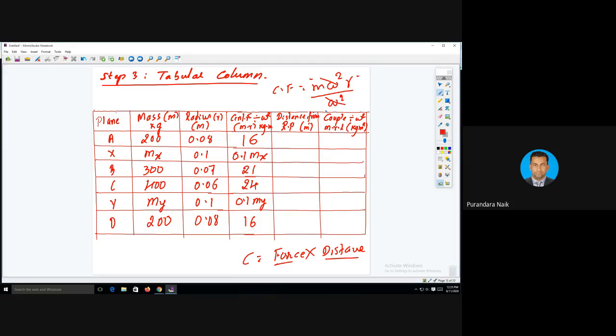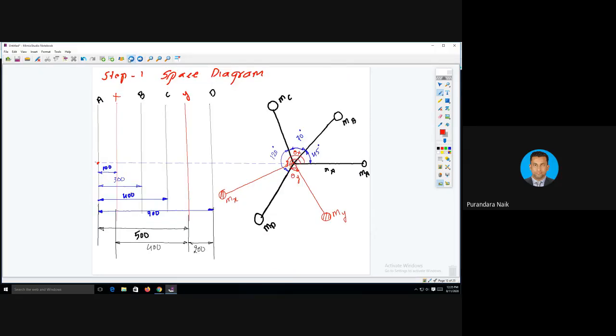Now, which one is the reference plane? We have 6 different planes, but which one do you need to select as a reference plane? Either you can select A, B, C, D, or X and Y. While selecting the reference plane, you need to take care. You cannot select a random plane as a reference plane. You need to select a proper plane in such a way that you solve this problem without any mistake.